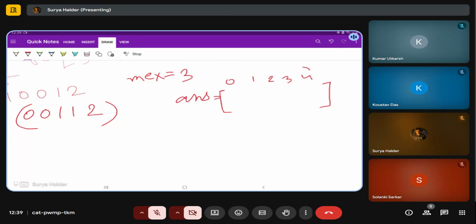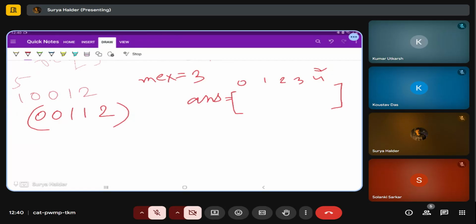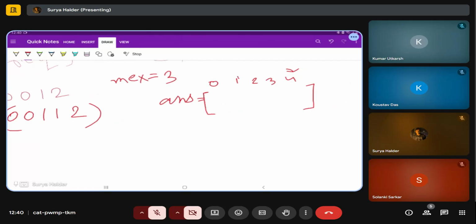So for k equals 4, I can make 4 removals in this array. Sorry, k is greater than or equal to 0 and less than or equal to n, where n is 5.